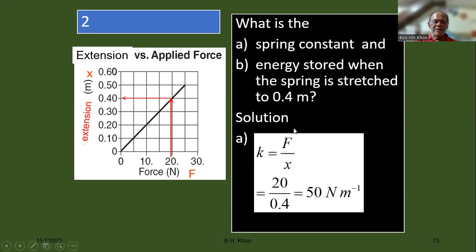K is just F over X. F is 20. Best is to take it as large as possible so the error due to your reading will be minimized. So it's 20 divided by 0.4. Use your calculator, it is 50 Newton per meter.